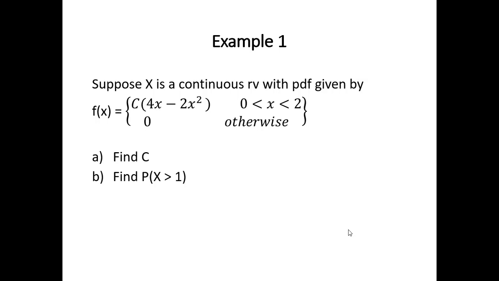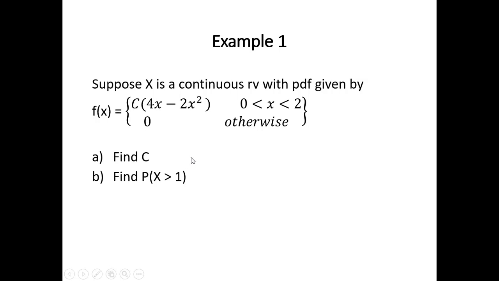Okay, so here's a straightforward example. Let's say X is a continuous random variable with PDF given by f(x) is some constant c times 4x minus 2x squared, where x is between 0 and 2. We want to first find c and then find the probability X is greater than or equal to 1.